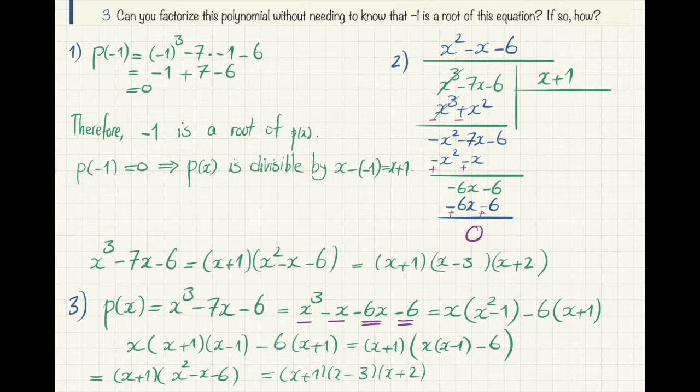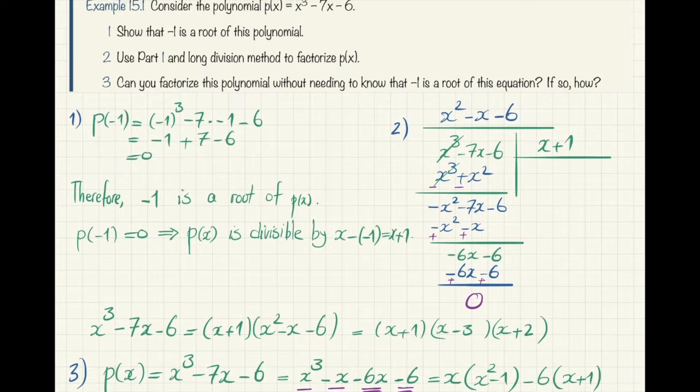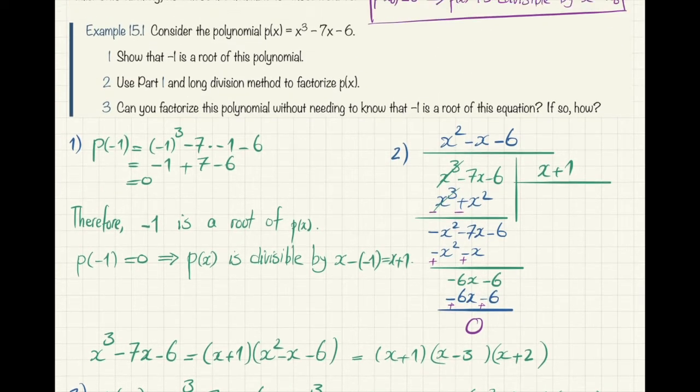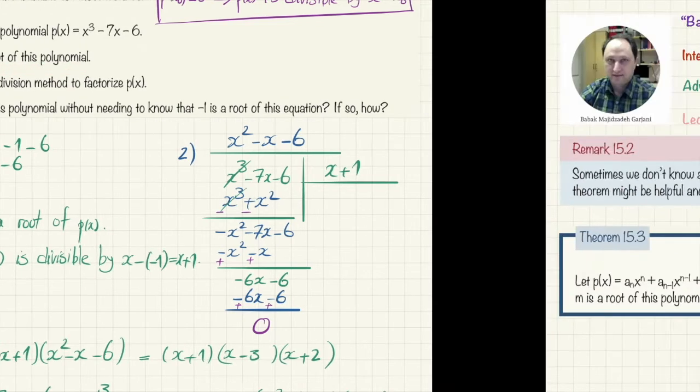Look here. These minus x and minus 6x below the minus 7x actually appeared in this process. So remember this. I will come back to this point later. So we realize that this is the weakness of this method, and I go to the next page now.